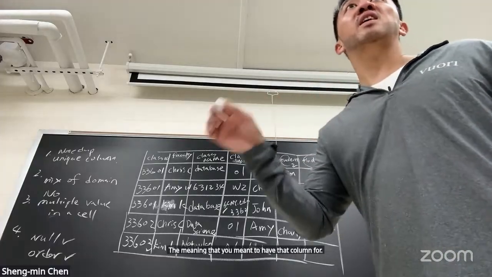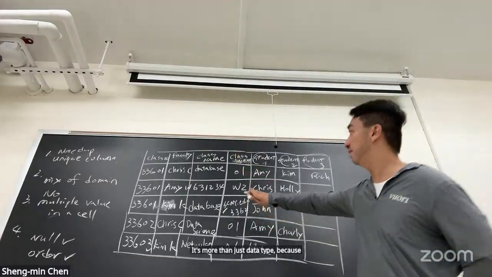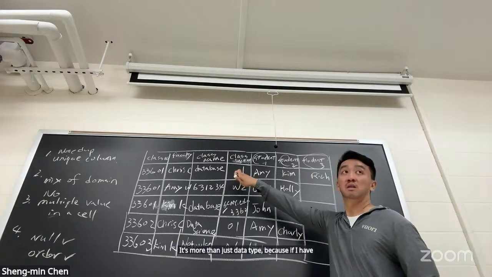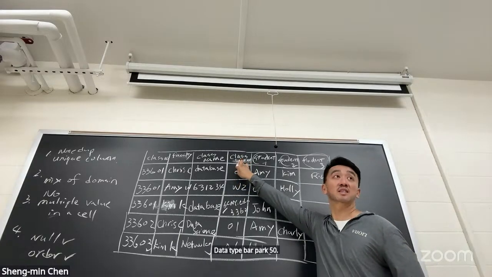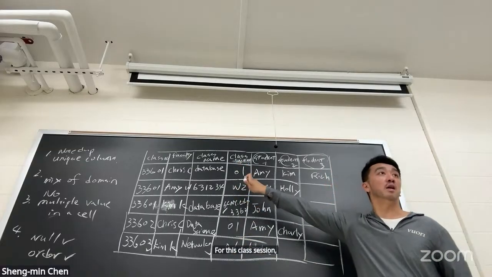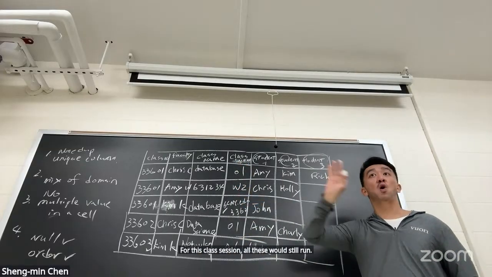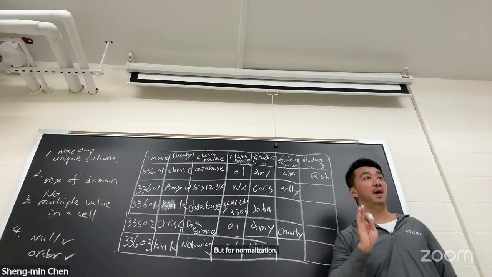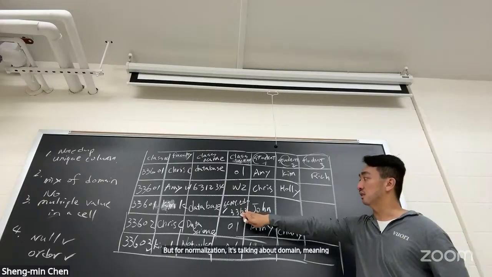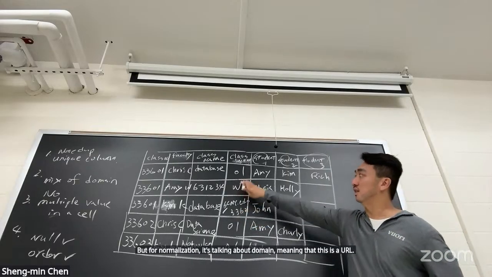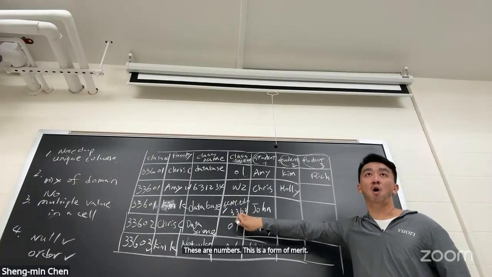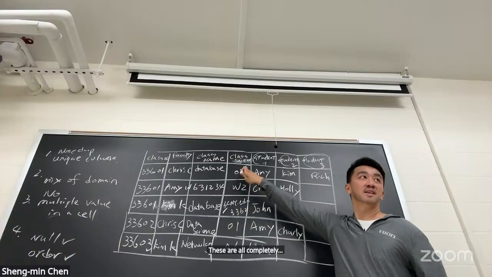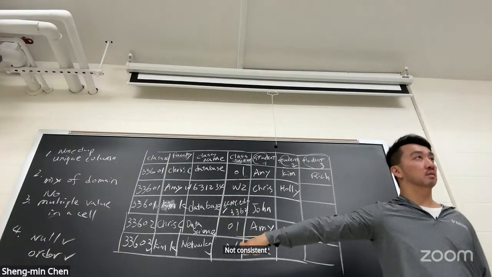It's more than just data type, because if I have data type varchar 50 for this class session, all these would still run. But normalization is talking about domain, meaning that this is a URL. These are numbers. This is alphanumeric. These are all completely not consistent with this domain.